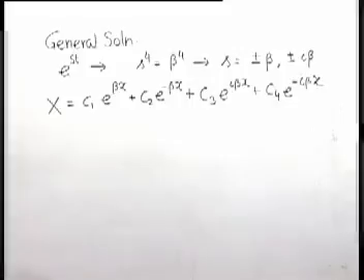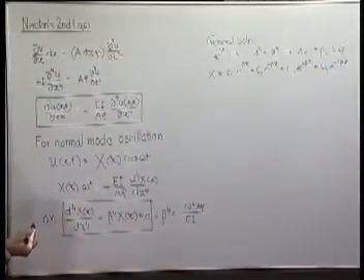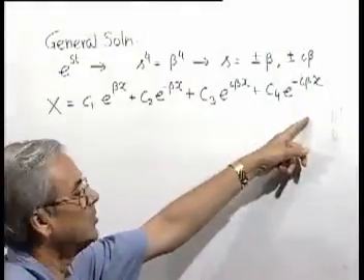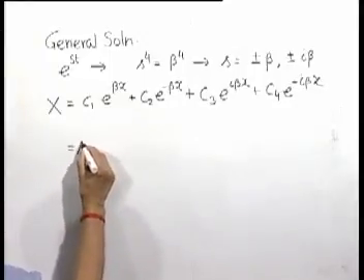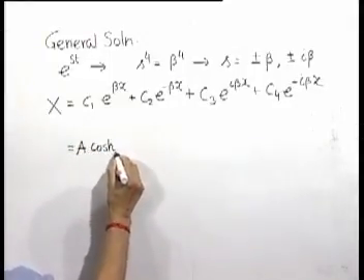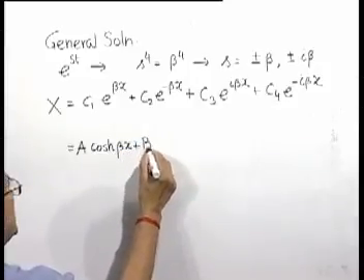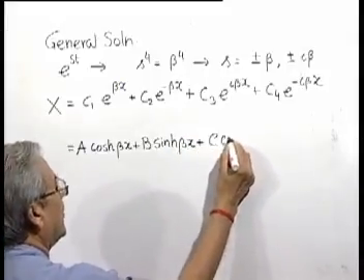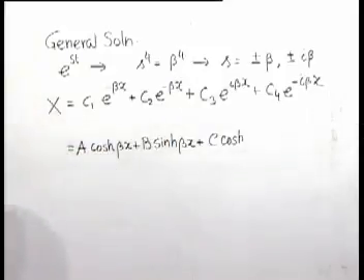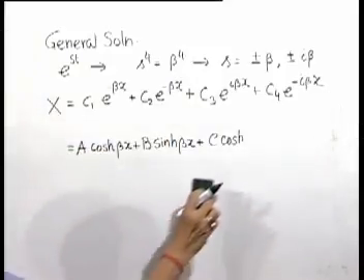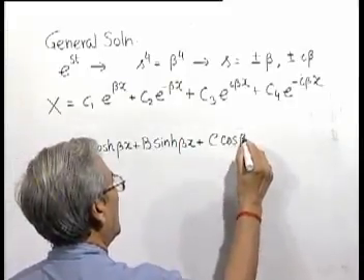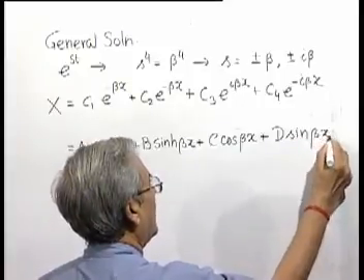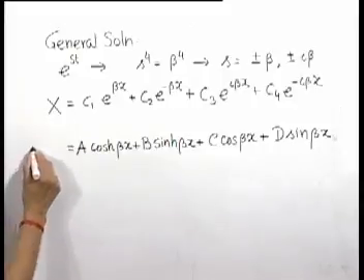So, the solution will have both hyperbolic terms and harmonic terms. This will lead to a hyperbolic function, this will lead to a harmonic function, or you can write it like this: A cosine hyperbolic beta x plus B sine hyperbolic beta x and so on.